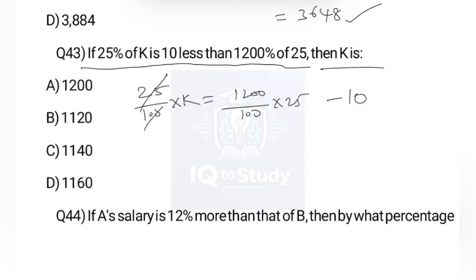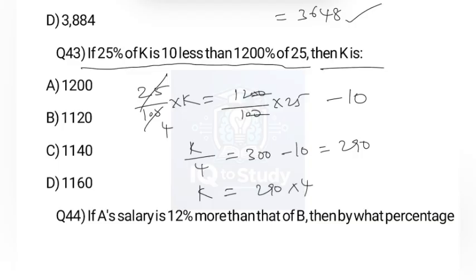So K by 4 is equal to 300 minus 10, that is equal to 290. So K is equal to 290 into 4. That is equal to 1160.